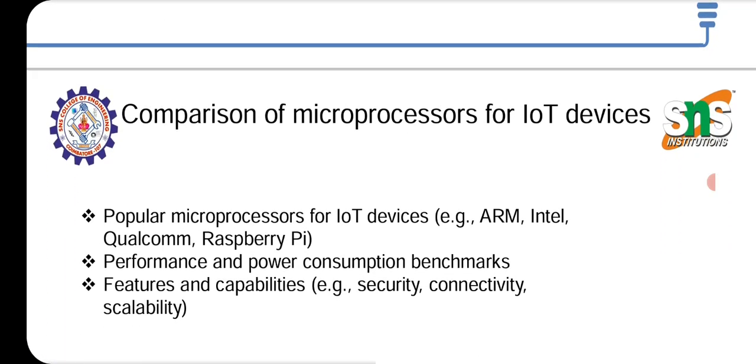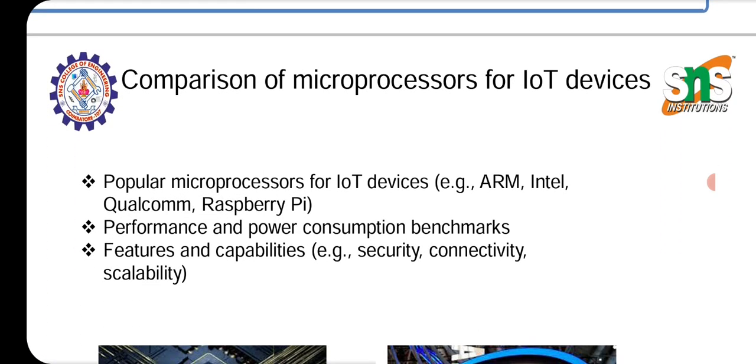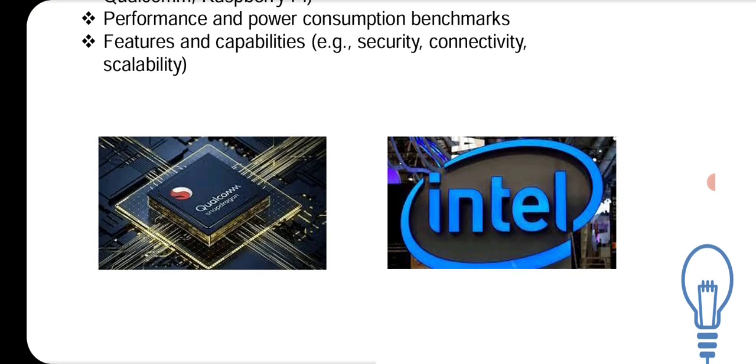Next, we will move on to the comparison of microprocessors for IoT devices. There are various microprocessors available in the market for IoT devices, and their performance and power consumption depend on the application requirements. Here are some microprocessors currently being used in IoT applications.